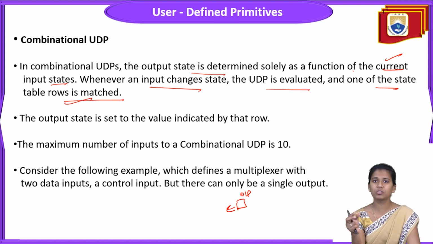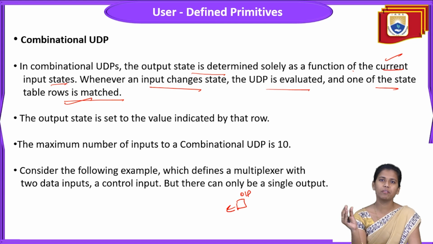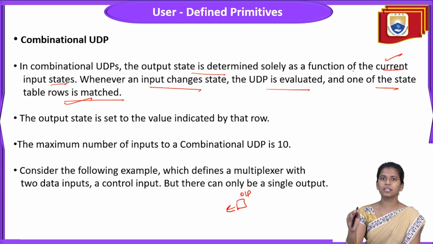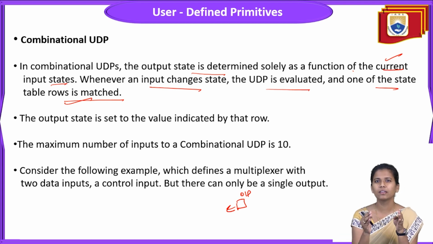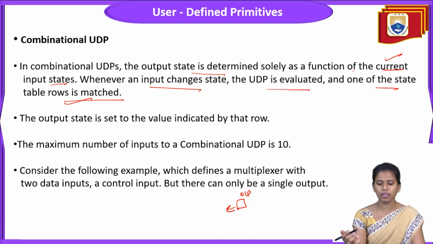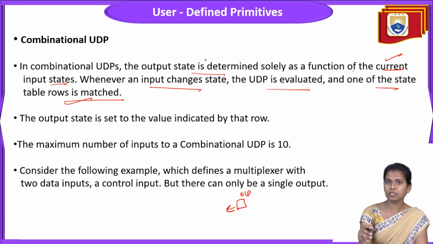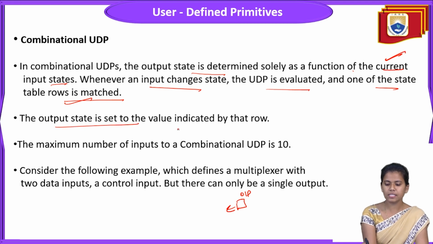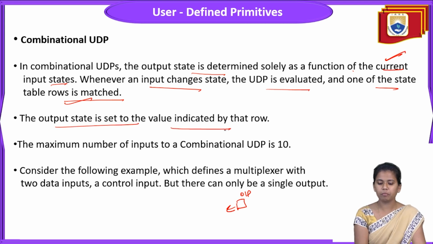That means we have to see the changes, or the combinations, where they have occurred, or what sort of changes have been made. But basically, when it comes to the output, it is determined only by the current state of the particular input. The output state is set to the value indicated by the row.